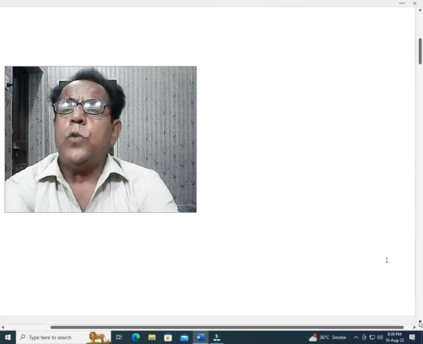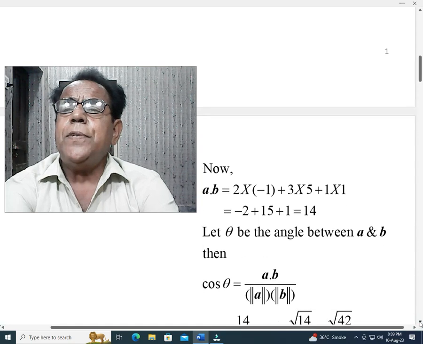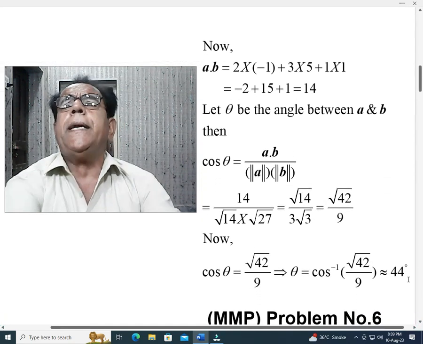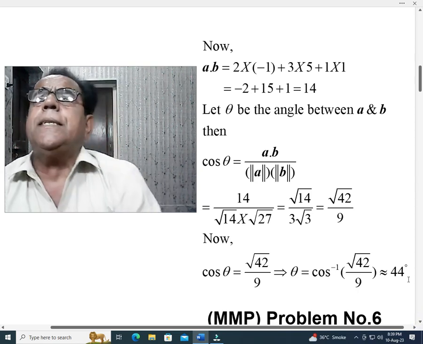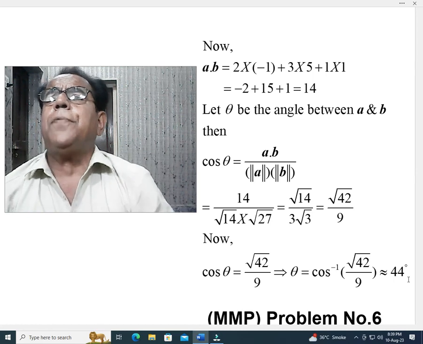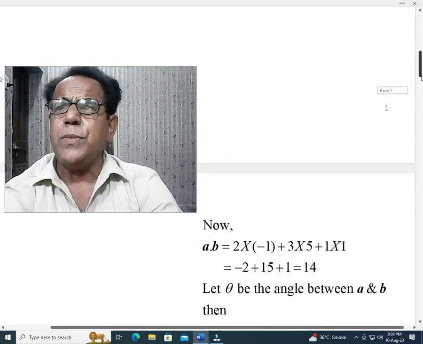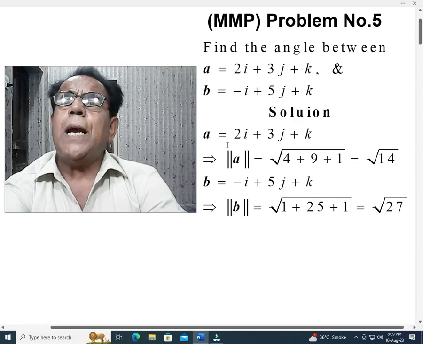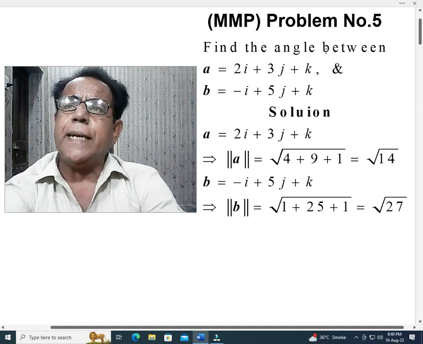Now we come towards the main thing. First we calculate the dot product of A and B. Now A dot B is equal to 2 into minus 1 plus 3 into 5 plus 1 into 1. Dear students, in dot product we have to multiply i component with i component, j component with j, k with k.